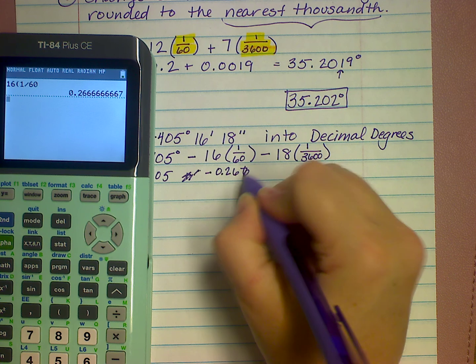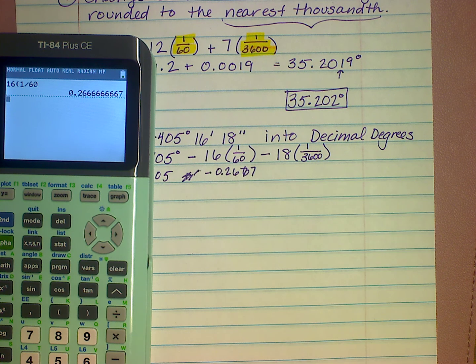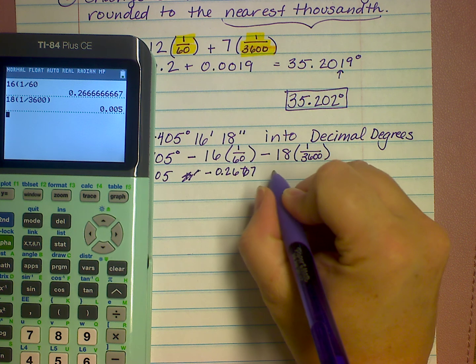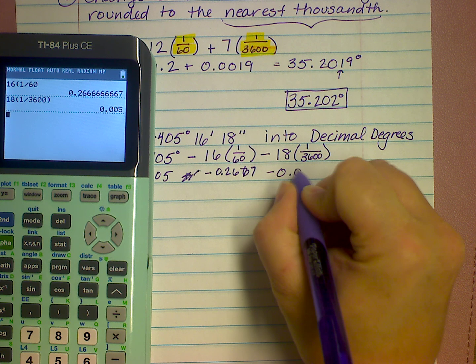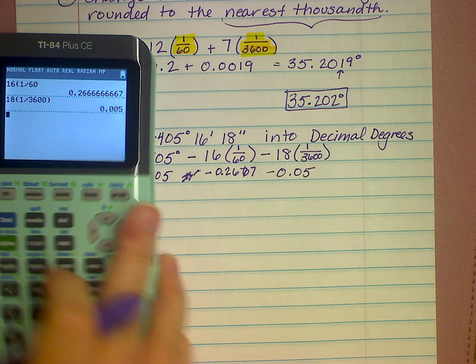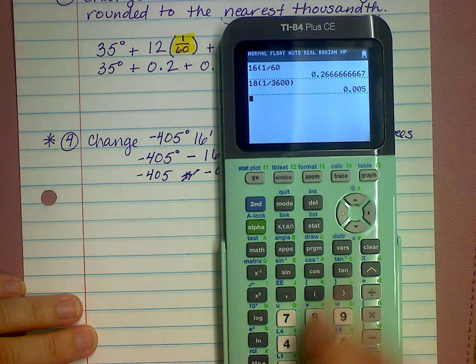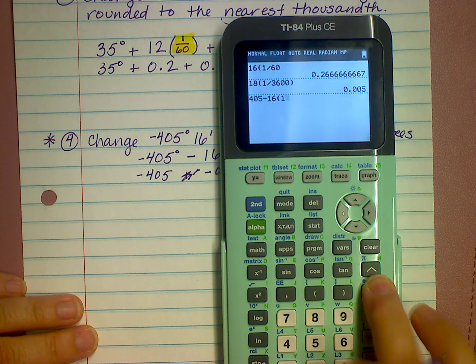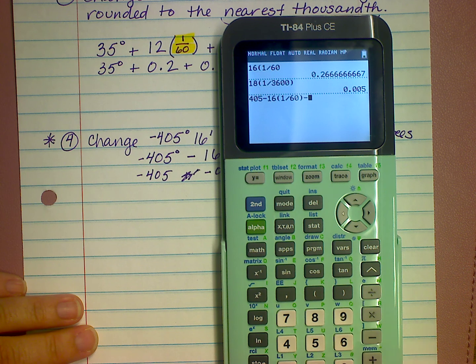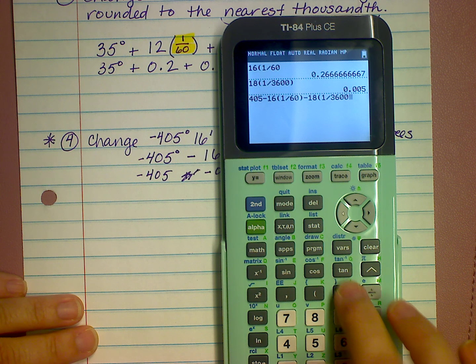We'll call it 0.267 just to stay with our things. And then 18 times 1 over 3600 is minus 0.05. And you could do this all on your calculator at the same time. If you wanted to, you could just do 405 minus 16 times 1/60th minus 18 times 1/3600th.